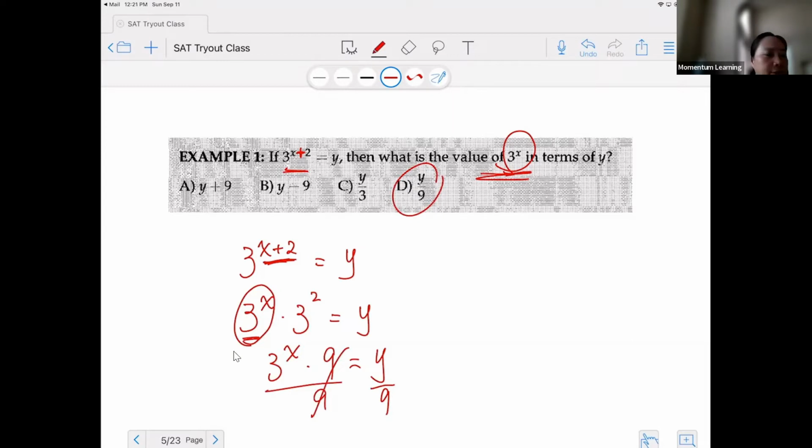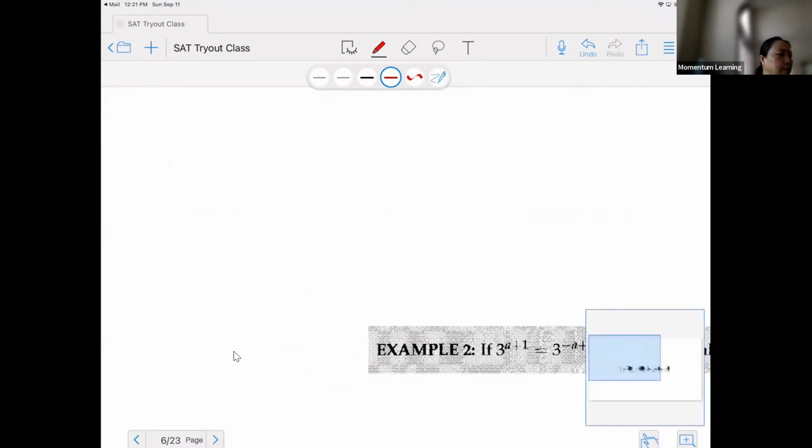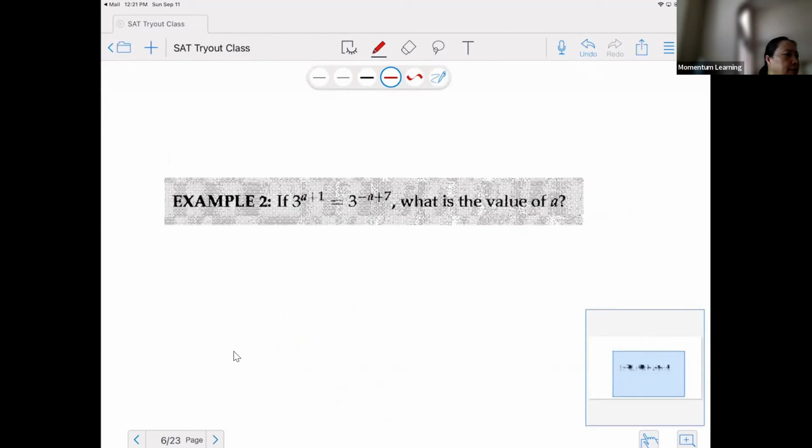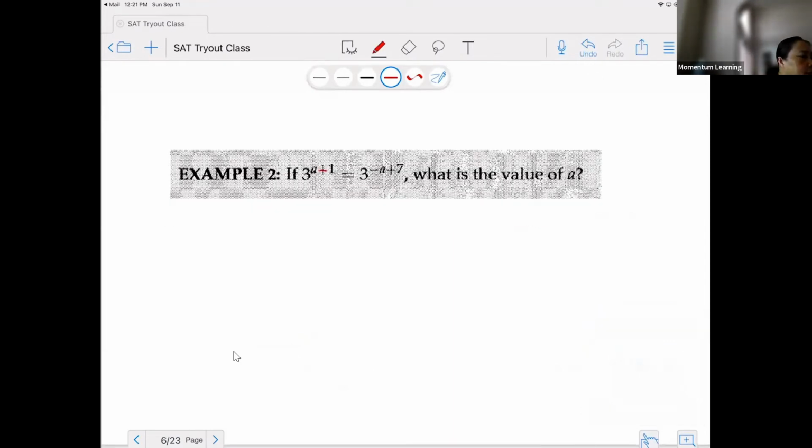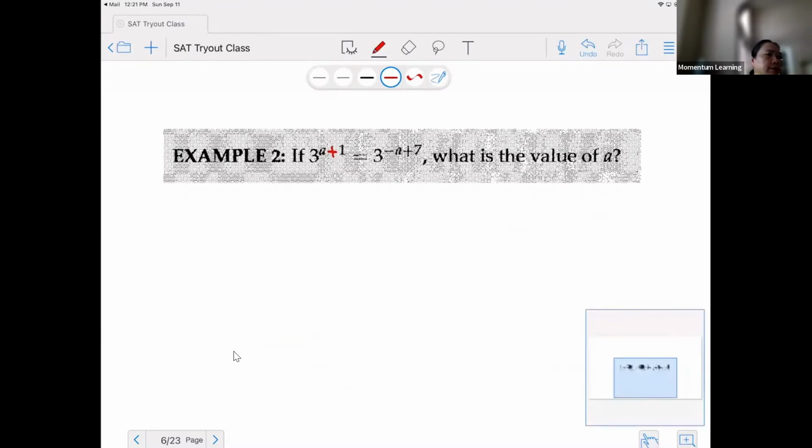Any question on example 1? Okay, let's move on to example 2. If a plus 1 equals 3 to the power negative a plus 7, what is the value of a?